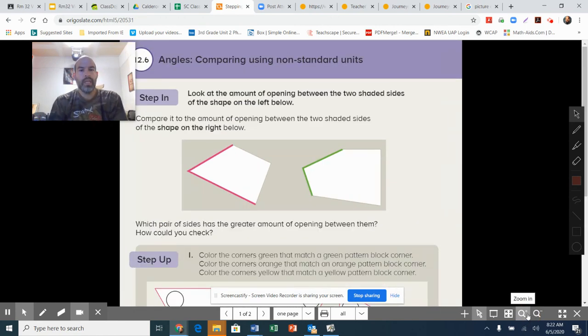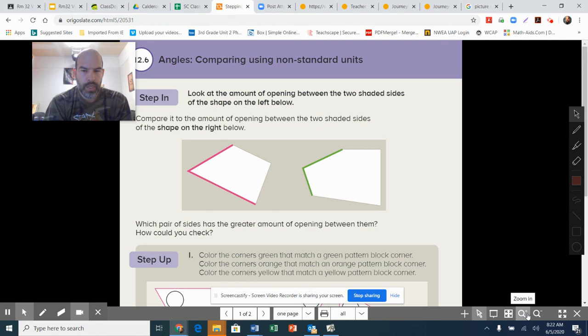Okay, so it says, look at the amount of openings between the two shaded sides of the shape on the left below. Compare it to the amount of openings between the two shaded sides of the shape on the right below. Which pair of sides has the greater amount of openings between them?